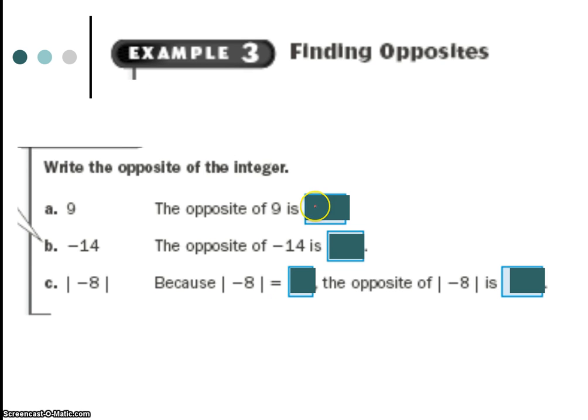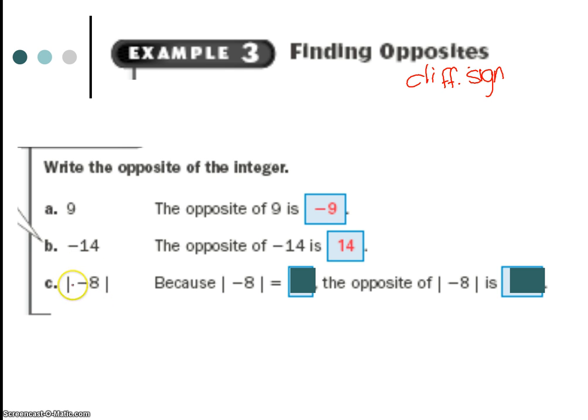Example 3, finding opposites. Remember, opposites just mean that they have different signs because they're on opposite sides of 0 on a number line. So the opposite of 9 is -9. Just change the sign. The opposite of -14 is +14.